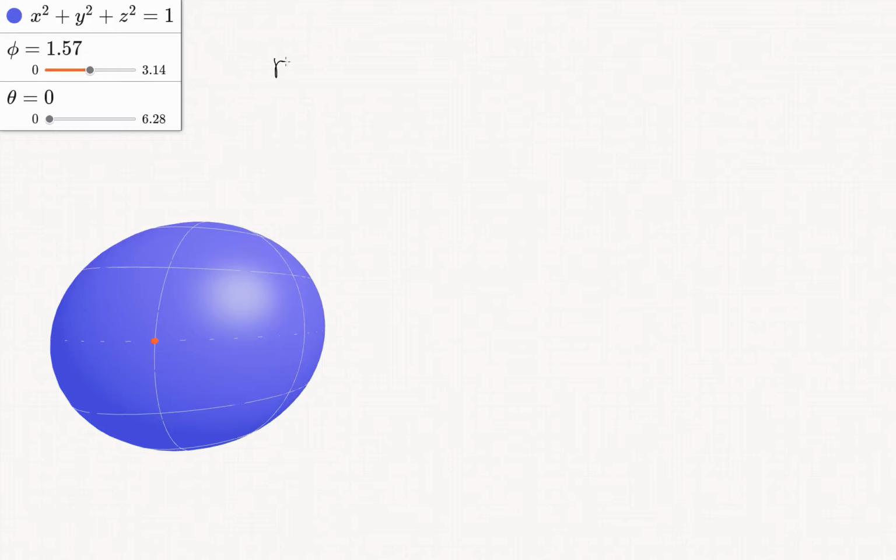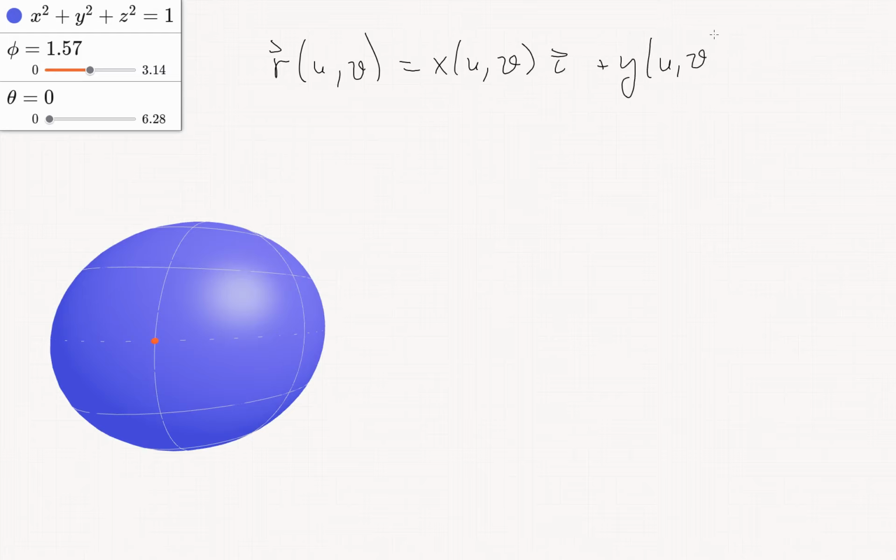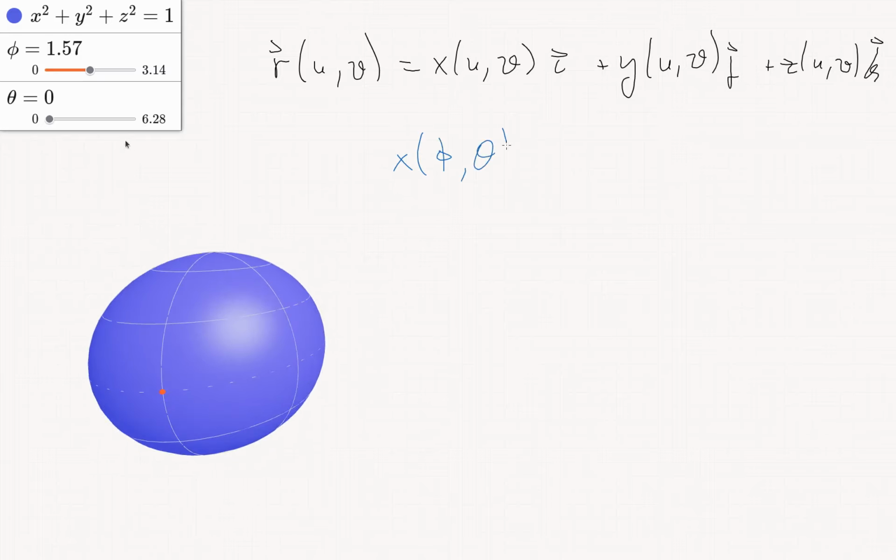So say we've got a surface S parameterized by R(u,v) = x(u,v)i + y(u,v)j + z(u,v)k. Here I've taken a sphere using spherical coordinates, so we'll use phi and theta instead of u and v.